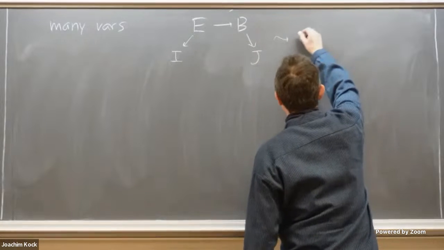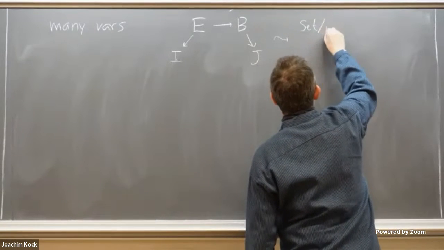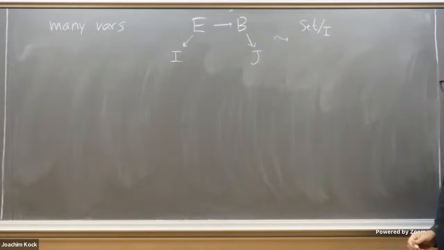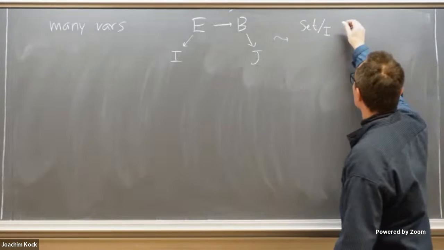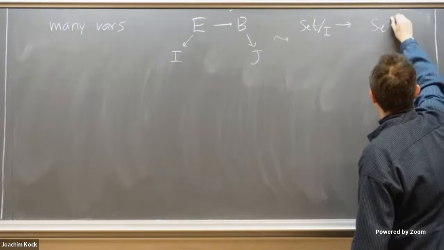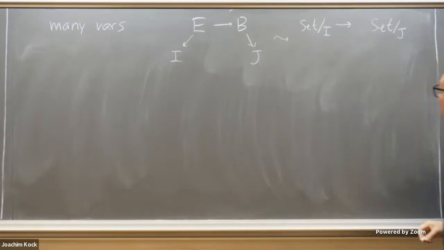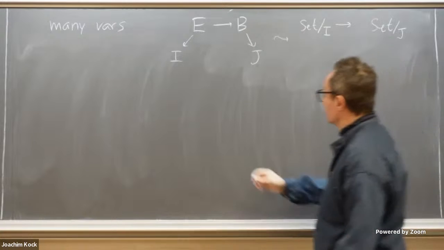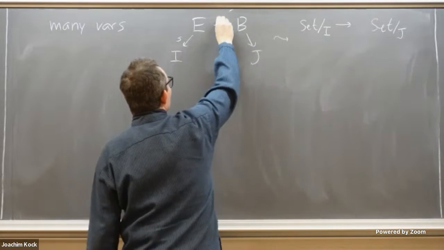So from this data, we get a functor not directly on the category of sets, but rather on the slice category over I, and it goes into the slice category over J. And let me tell you what it does.